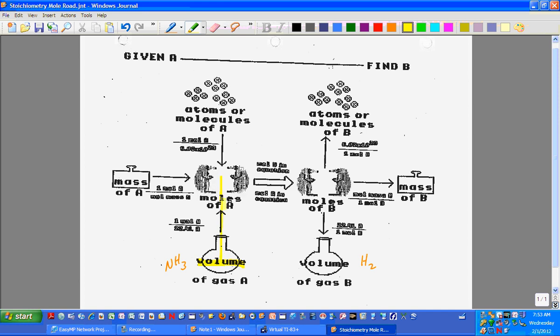We're going to go up and convert that to moles, again using 22.4 liters. Then we're going to go from moles of ammonia to moles of hydrogen using that molar ratio that we're going to get from our balanced equation. And then we're going to convert from moles of hydrogen to volume of hydrogen, again using 22.4 liters.